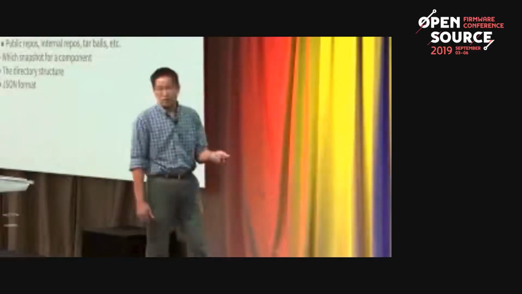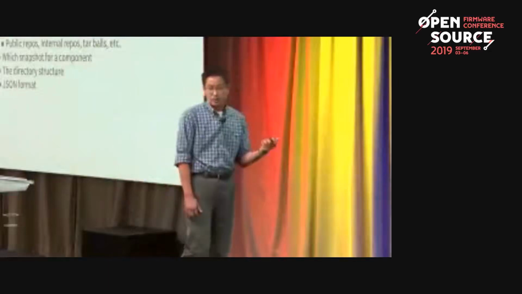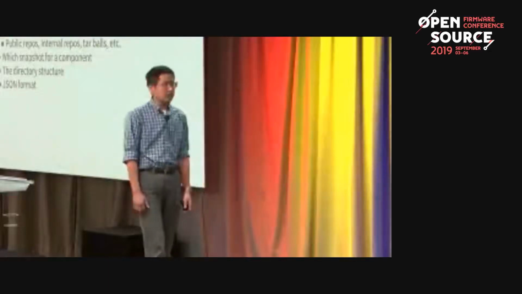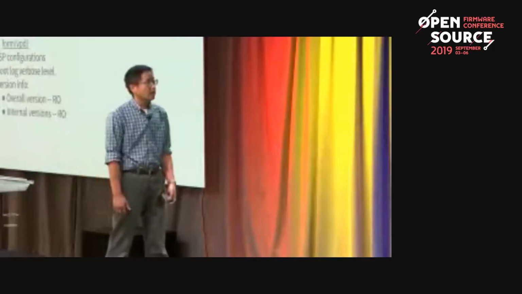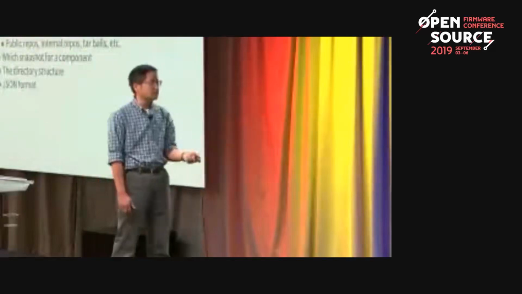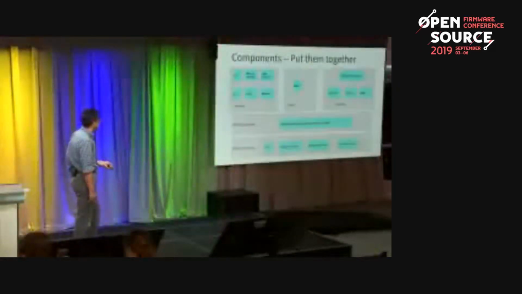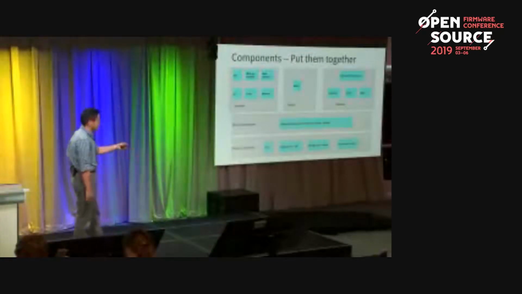What snapshot is used for a component, and what's the directory structure? So we use a JSON file to capture this kind of information. And then with that build configuration file there, with the appropriate linuxboot code base, everything is built together.